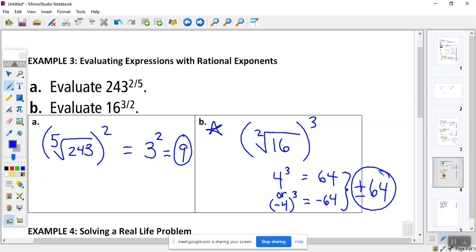The key thing to take away from rational exponents, when I say rational, I'm kind of talking about a fraction. The bottom number is my what again? Index, and then this is like the exponent, okay? The bottom number is the index, the top is like your exponent, all right? You guys ready to try one on your own?